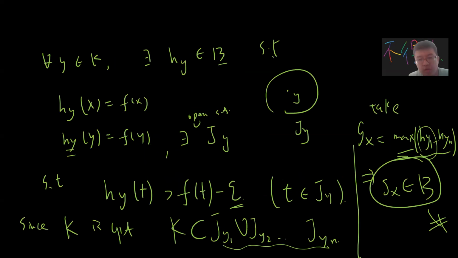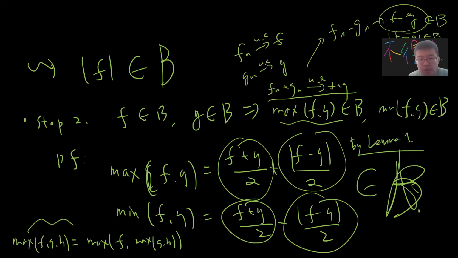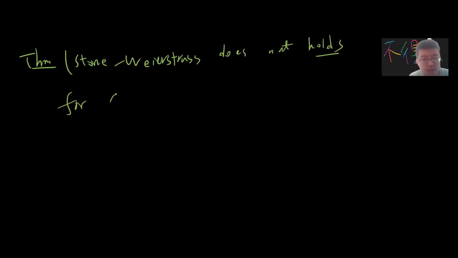Okay, so very happily we proved the generalization of the Stone-Weierstrass theorem in 4 steps. Okay, so let me just keep going, saying something interesting. The Stone-Weierstrass theorem does not hold for complex-valued functions.